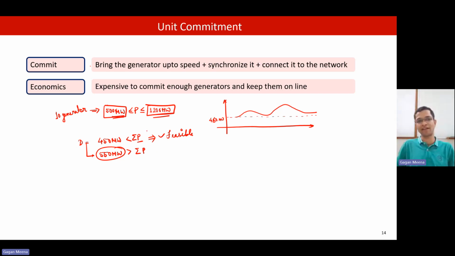The sum of the generators can go beyond their minimum value. So the point is that if the demand is less than the technical minimum, then demand cannot be satisfied.